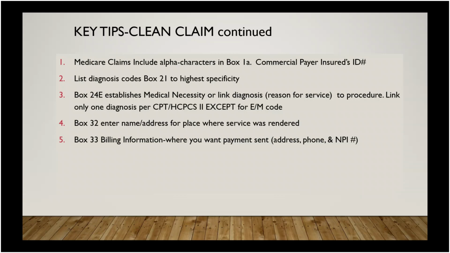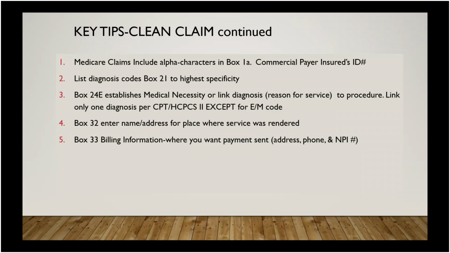You only need to link one per supply or procedure. A lot of times it gets denied if you link more than one to that particular procedure. Evaluation and management is the only one we link more than one. Box 32, you're going to enter the name and address for the place where the service was rendered.